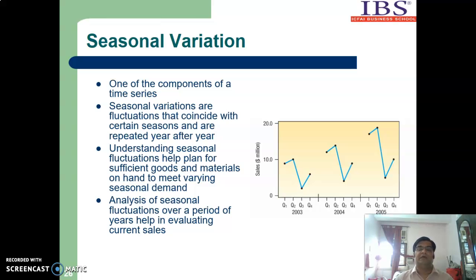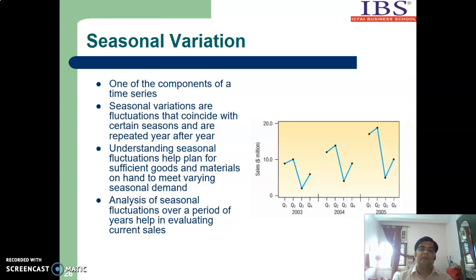So every year in the month of May or June, any AC selling company in India will see that their sales are increasing in May and June. We also understand the seasonal fluctuation. It helps in planning sufficient goods and material on hand to meet varying seasonal demand.